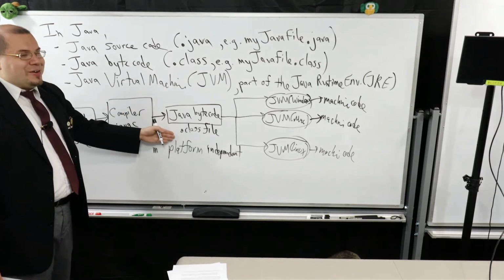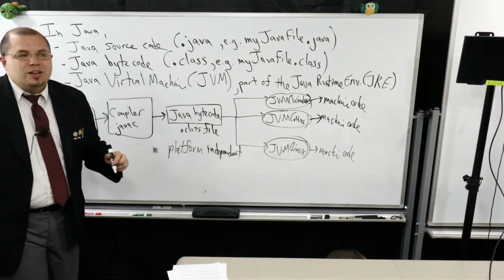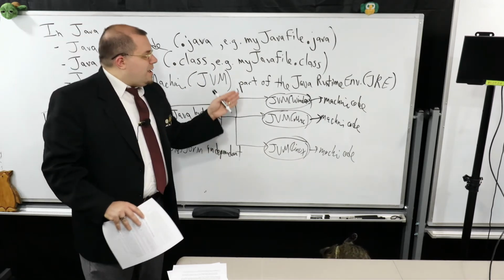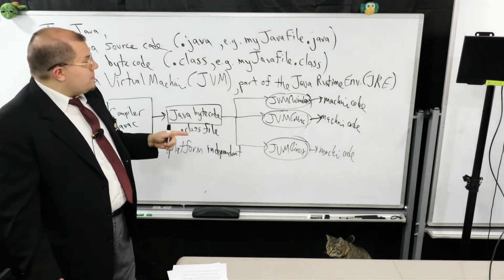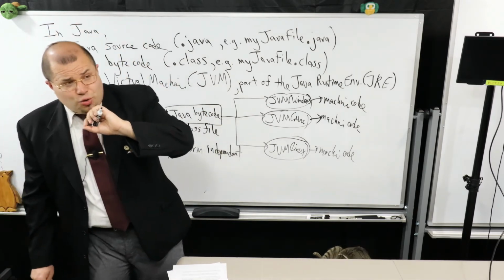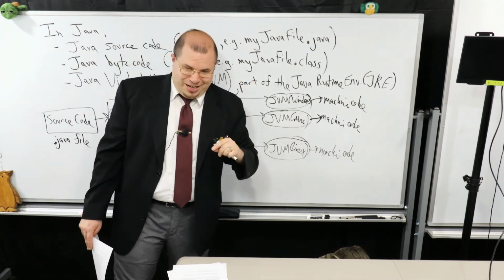You have bytecode, and it can be interpreted by that JVM for your machine. So in plain language, you have code, it gets compiled into bytecode. And if you have a JRE, it has a JVM. And this JVM does the job of translating your Java bytecode into machine code for your machine.